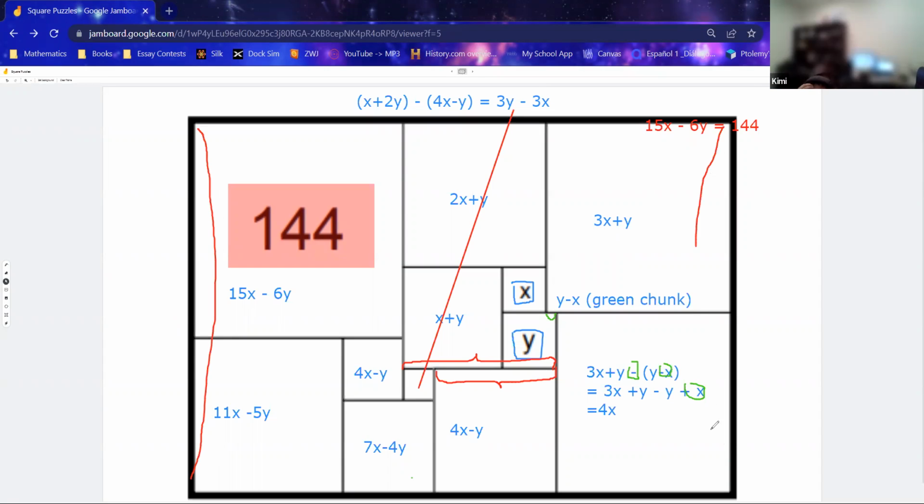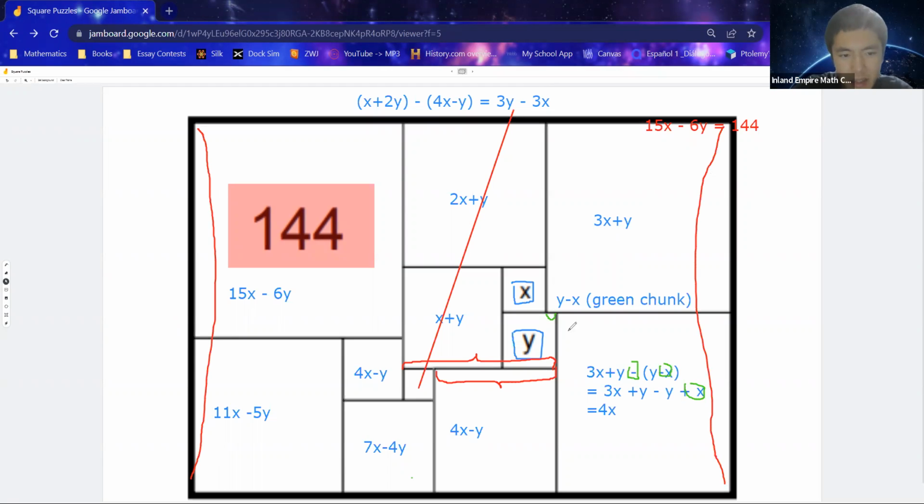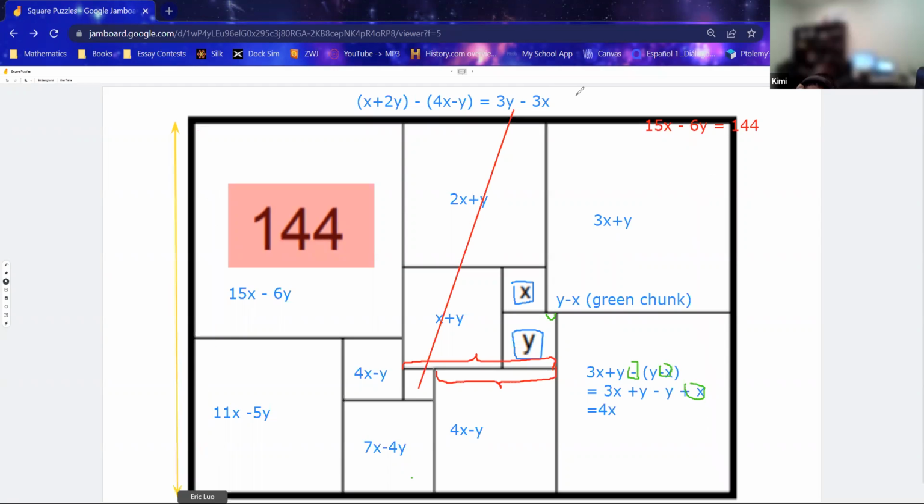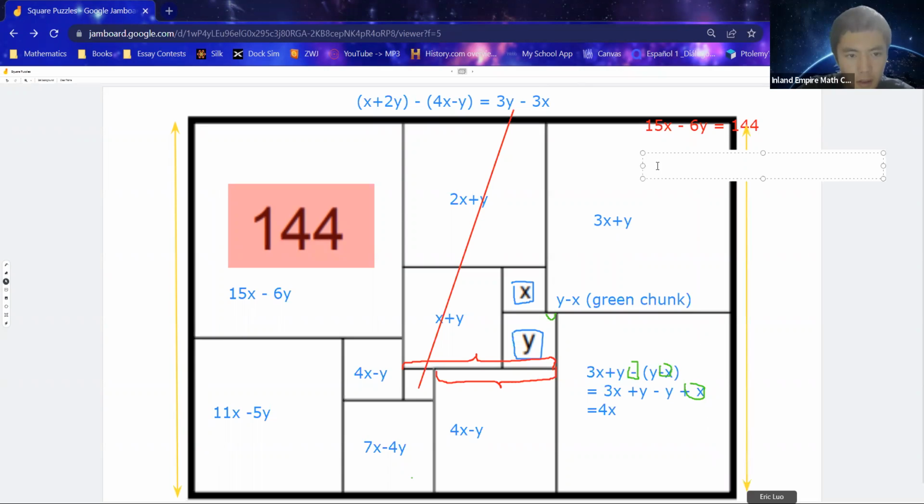Oh wait, could we set these two side lengths equal? Yeah. Okay. So what's the side length of the left side? The left side is 3x plus y plus 3x plus y minus 7 minus x. Not quite. The 3x plus y is good though, but the other square is 4x, right, Kimmy?